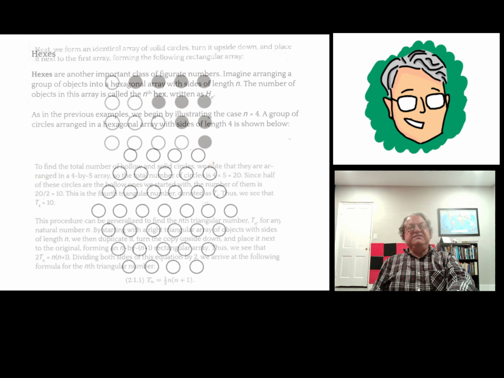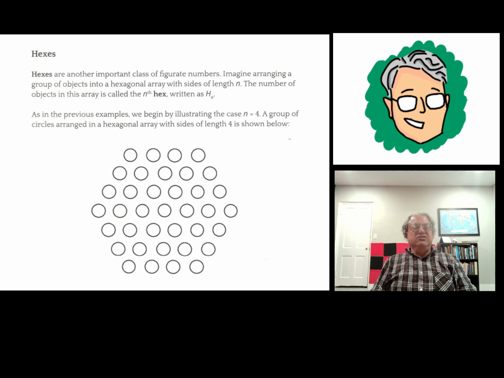And what about hexes? Hexes are a little more complicated. Here's an example. This is what we would call H4. The way I'm defining a hex, and they're not called hexagonal numbers, by the way, because that means something a little bit different, hexes are like this. You can see how these hexes work.